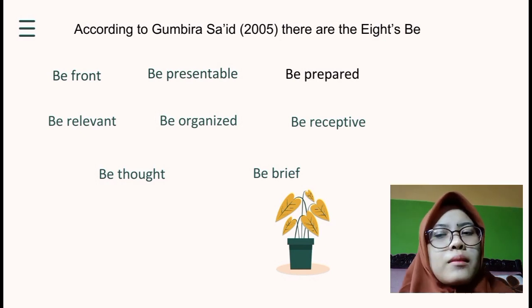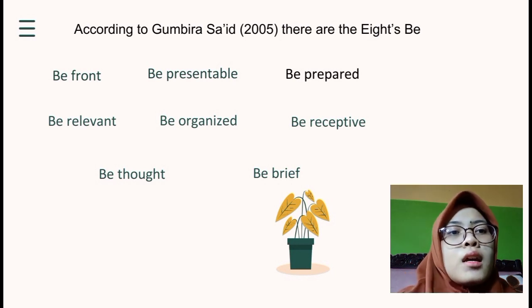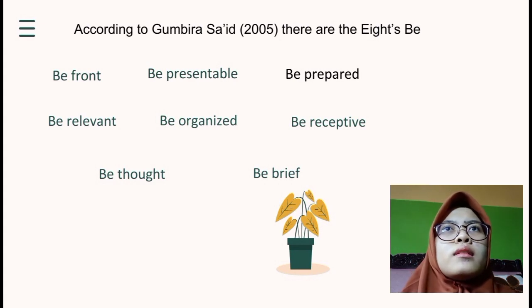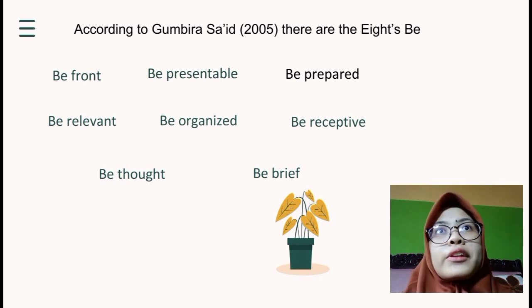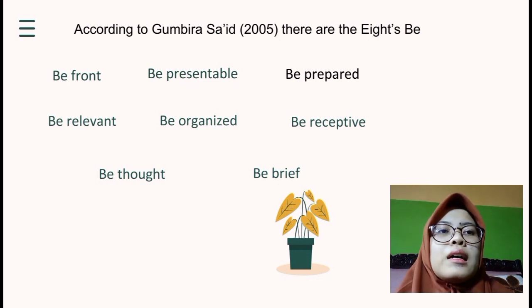It means that while doing the presentation, the presenter should explain regularly and systematically. And the sixth one is be receptive. It means that the presenter has to accept criticism and suggestions from everyone.